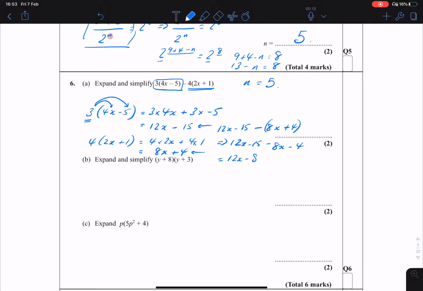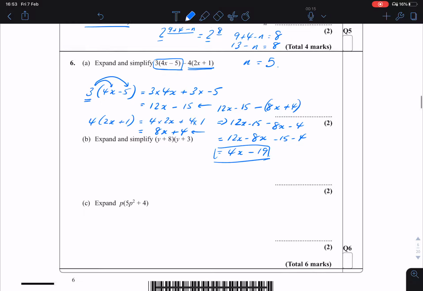I can collect my terms together. 12x minus 8x is 4x, and minus 15 minus 4 is minus 19. So my answer is that.